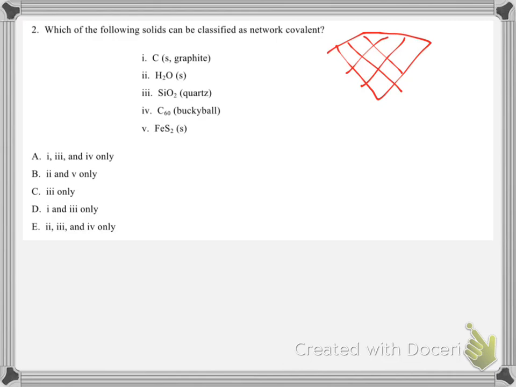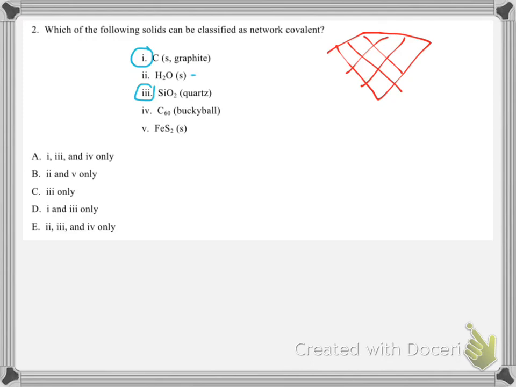Generally, I look for metalloids to make these kinds of solids, and then also carbon structures. There's a great table in the notes that really helps delineate some of the different types of solids.